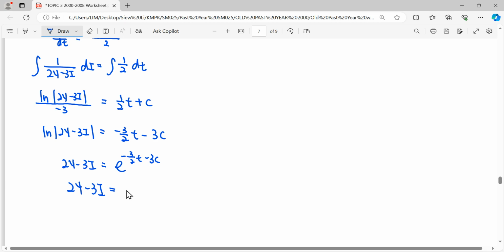Then we simplify this: e to the -3 over 2 t multiplied with e to the -3c. So e to the -3c is a constant, and we can denote it as a new constant, a.